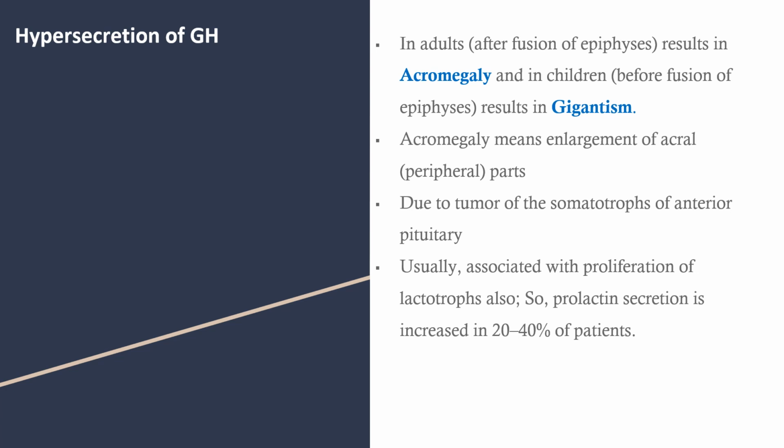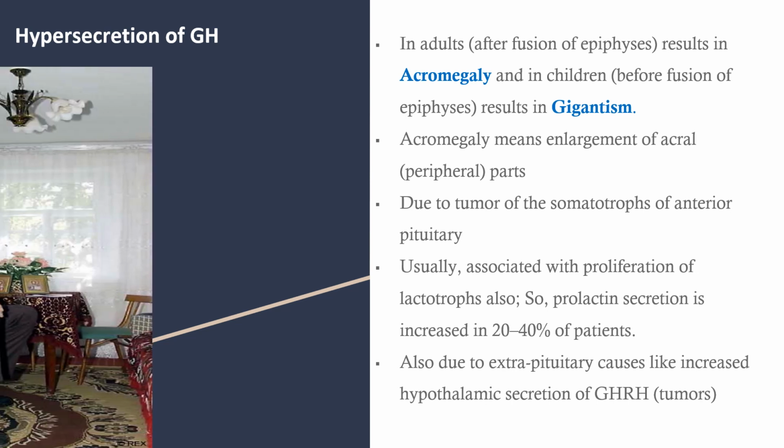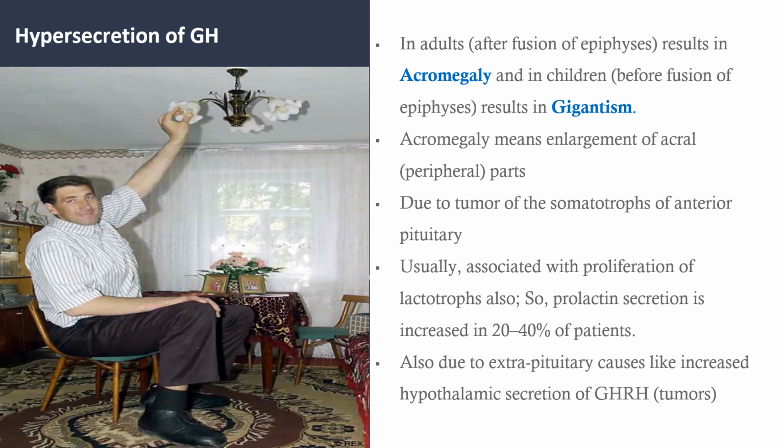So prolactin secretion is increased in around 20 to 40% of these patients. It can also be due to extra-pituitary causes like increased hypothalamic secretion of GHRH. Here you can see the acromegaly.